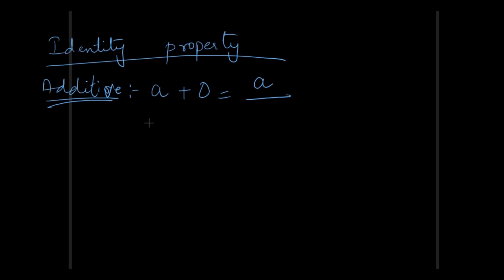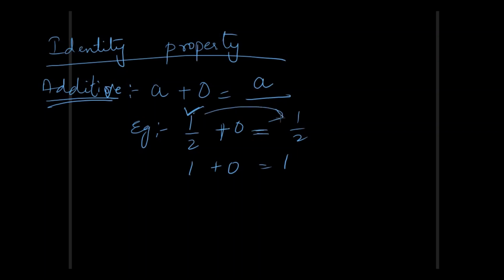This is the additive property. Example of this is, 1 by 2 plus 0 will give you 1 by 2. If you add 1 plus 0, it will give 1. So to a real number, if you are adding 0 and it is giving you the same answer, then that property is called the additive identity property.